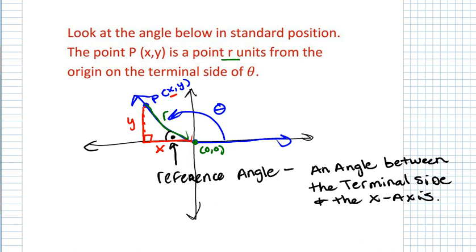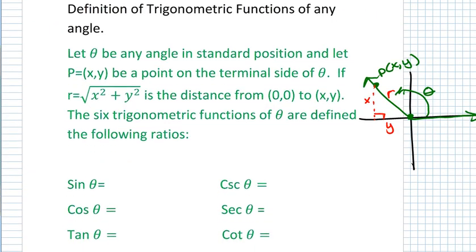And then we have our r value here. Now, using this triangle, we can come up with the 6 trigonometric ratios for this angle theta based upon the reference angle. So let's look at this picture here.